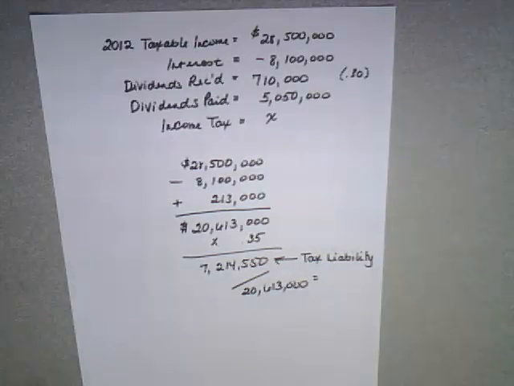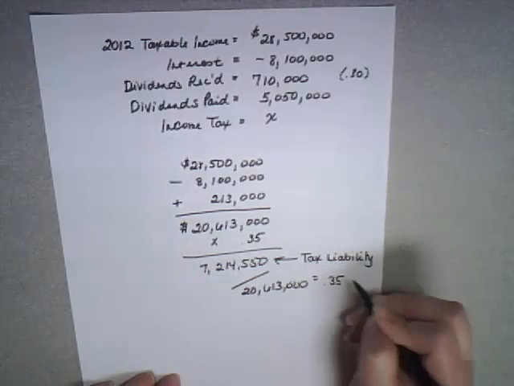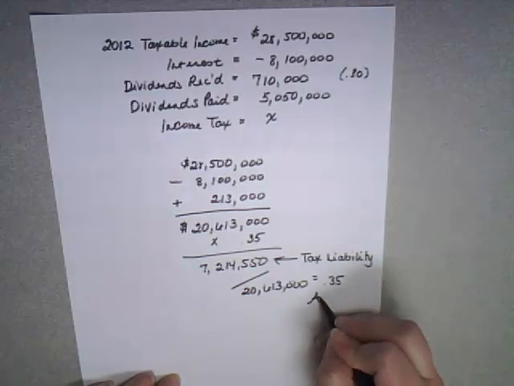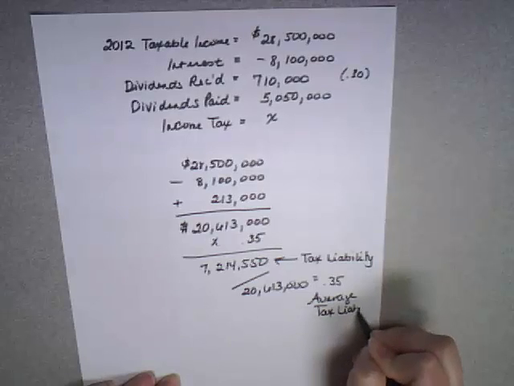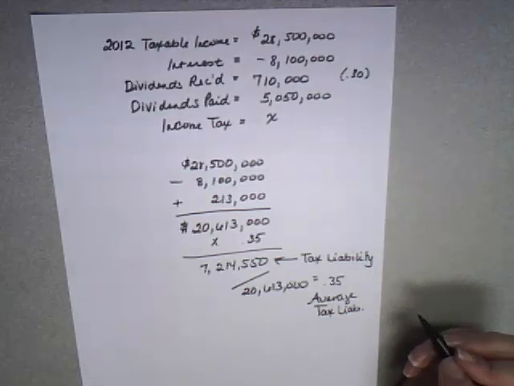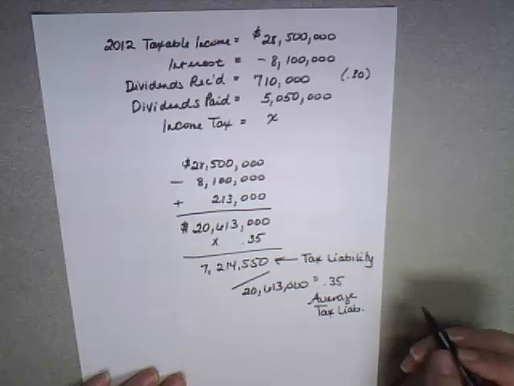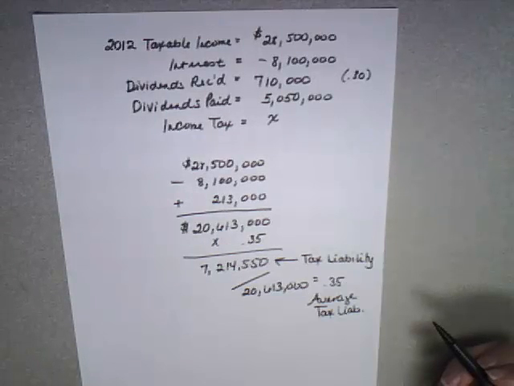And when you do that calculation, 7,214,550 divided by 20,613, you get 0.35. This is your average tax rate. And it falls right in line with the 35% in the tax tables.